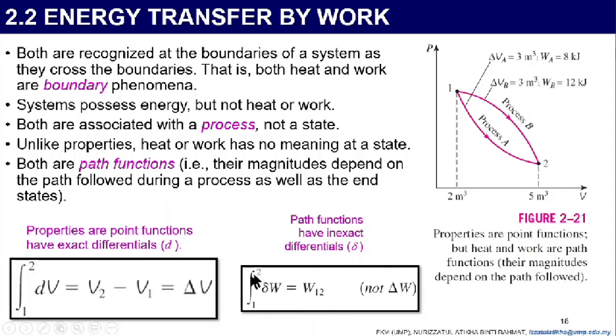So we have here the integral of delta W equals W12, for process 1 to 2, from state 1 to state 2. This figure shows that properties are point functions, but heat and work are path functions. Their magnitudes depend on the path they follow.